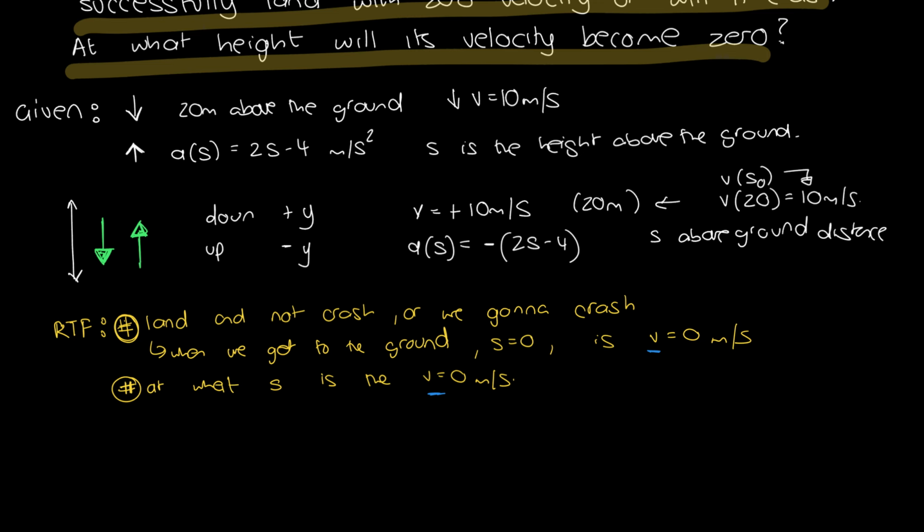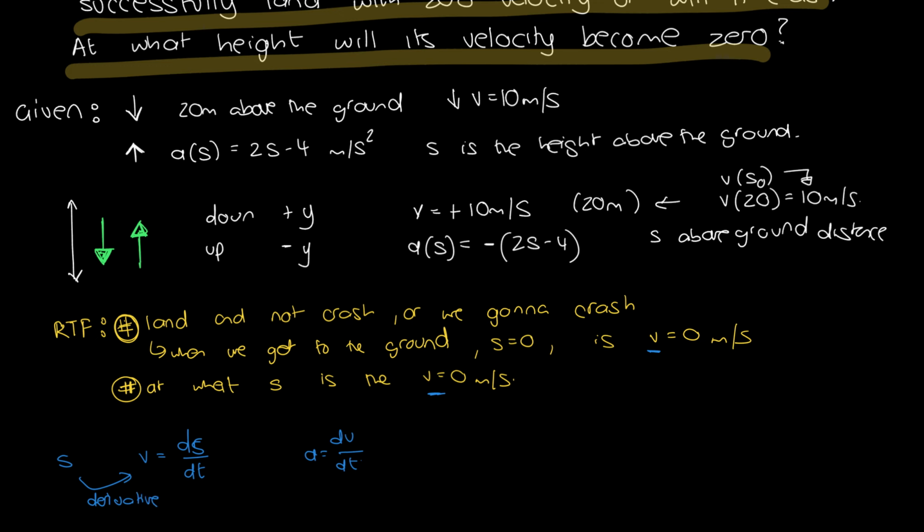And I'm just going to do a quick little diversion to remind you of the process that we follow. We have a definition of velocity as dr/dt. So velocity is dr/dt, or if it's in one dimension, it's ds/dt. And our definition for acceleration is dv/dt. So if we have position, we take its derivative and we get velocity.